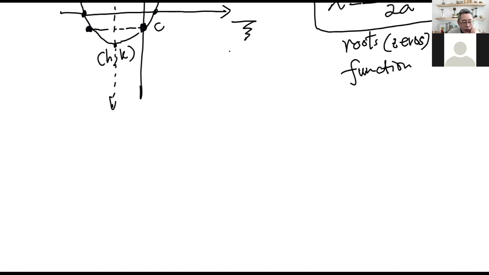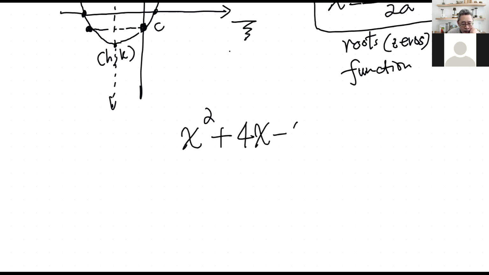Now we also learned, so this is what we're going to test. We're going to test on what we just went over, and how to solve quadratic equations by factoring. So let's say x squared plus 4x minus 5 equals 0.